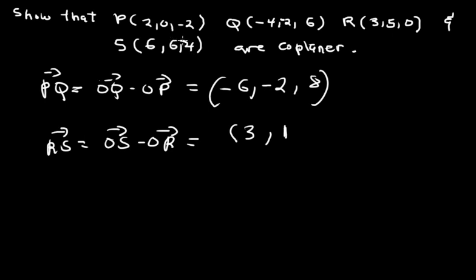A slight typo over there, apologies for this mistake. This is -4, so -4 minus 0 gives us again -4. Now what can we notice from these two values we've obtained?